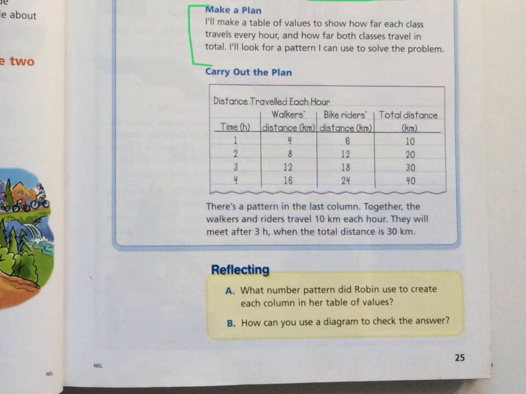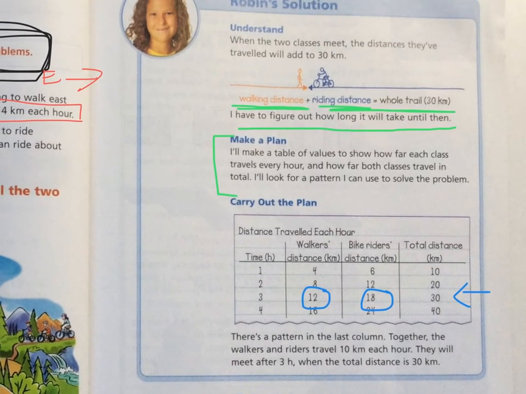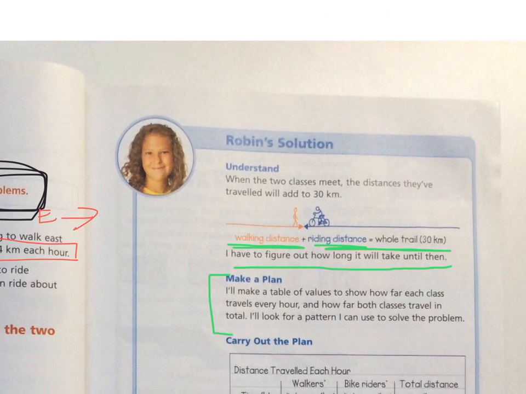So if we know that in 30 kilometers they've totaled the total distance of that trail, the walkers traveled 12 kilometers and the bikers traveled 18 kilometers. So we can write here that the walking distance was 12 kilometers and the riding distance was 18.